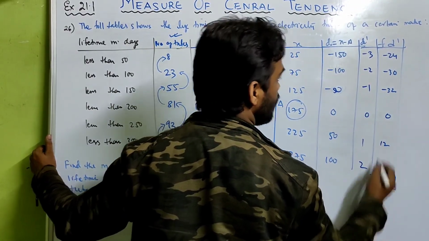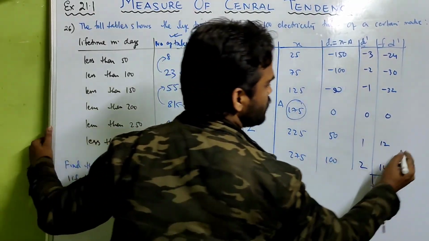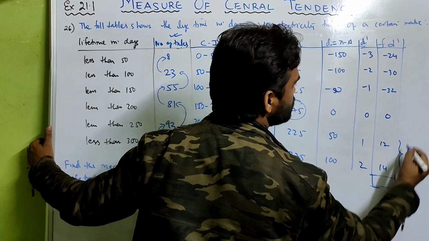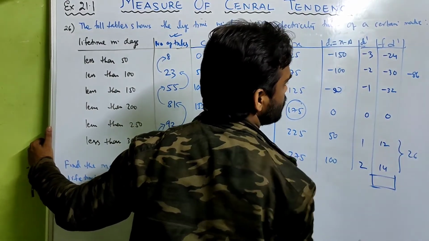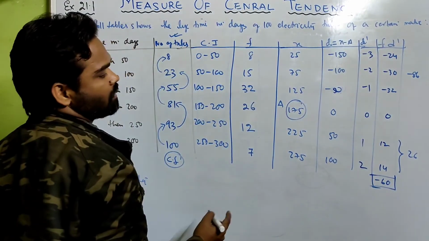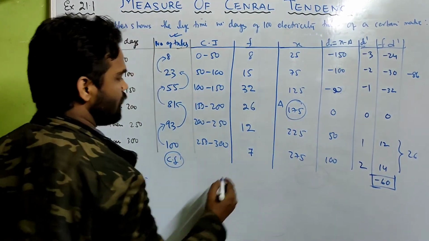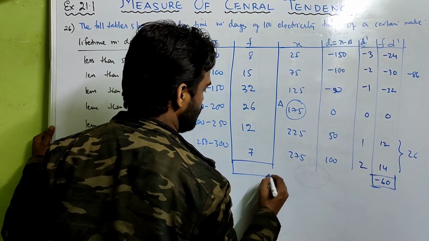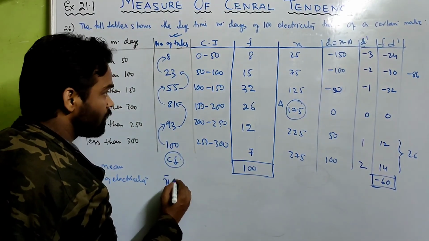Done. I need the summation of f d dash, which means sigma f d dash. This is 26 positive. This is 30, 60, 70, 80, 86. That becomes minus 60, isn't it? And sigma f, of course, it has to be 100. Then mean is what?